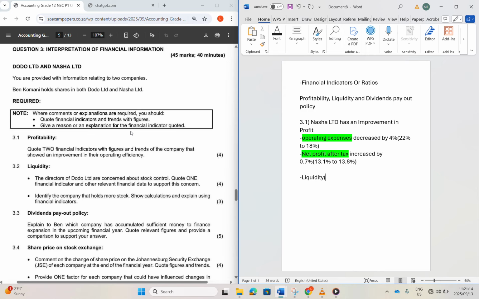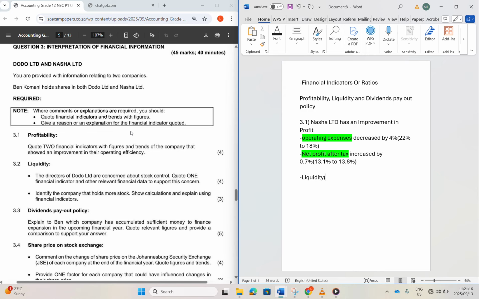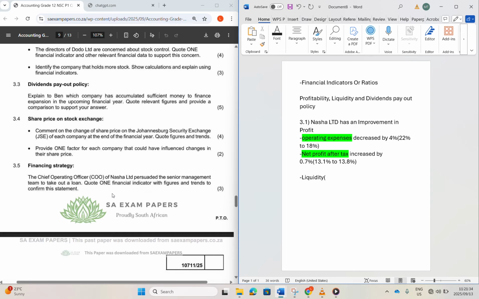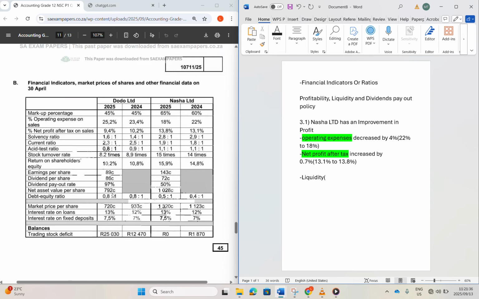Liquidity is the ability of the company to settle its short-term commitments or debts. So if the company is not liquid, it will not be able to settle its short-term debts. It will not be able to pay its short-term loans. So that's the purpose and the meaning of liquidity.